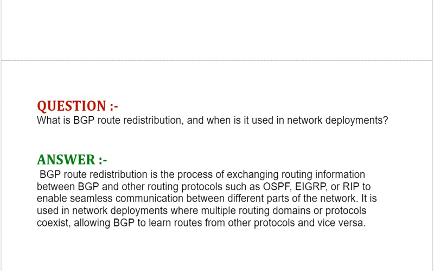Our next interview question is, what is BGP route redistribution and when is it used in network deployments? Your answer should be: BGP route redistribution is the process of exchanging routing information between BGP and other routing protocols such as OSPF, EIGRP, or RIP to enable seamless communication between different parts of the network.